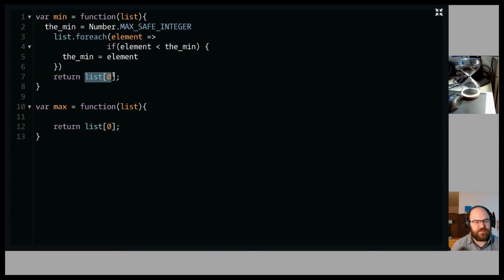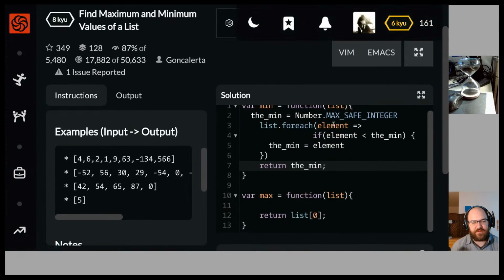Now we just return the min. And let's test this, even though I've only implemented half of the functions.